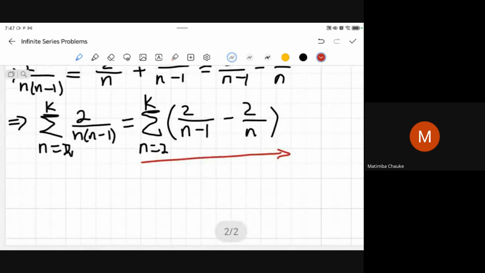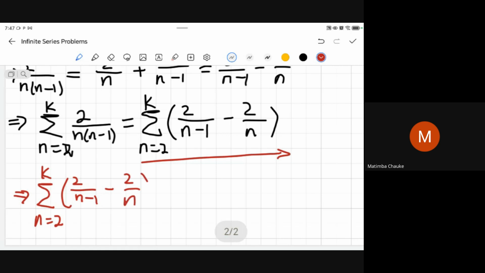Now this would imply the summation from n equals 2 up until k of 2 over n minus 1 minus 2 over n. Is that right? Then this would be equal to, if I plug the 2 there, let's check what I get. If I plug the 2 there, I get 2 minus, if I plug the 2 here, minus 1.